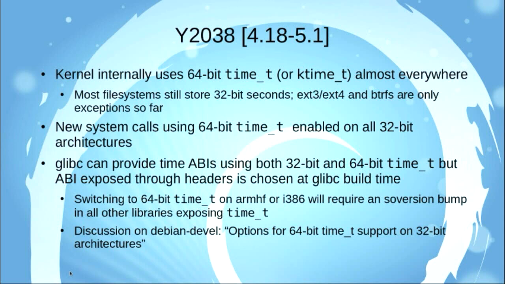However, that choice is actually made at glibc build time, which means that if you want to support 64-bit time on armhf or i386 or any other 32-bit architecture which might last until 2038 or close to 2038, that's going to require SO version bumps in every library that exposes time_t. Thankfully, there's a discussion about this that was recently started on debian-devel, and if you're interested in this issue, I encourage you to participate in that.